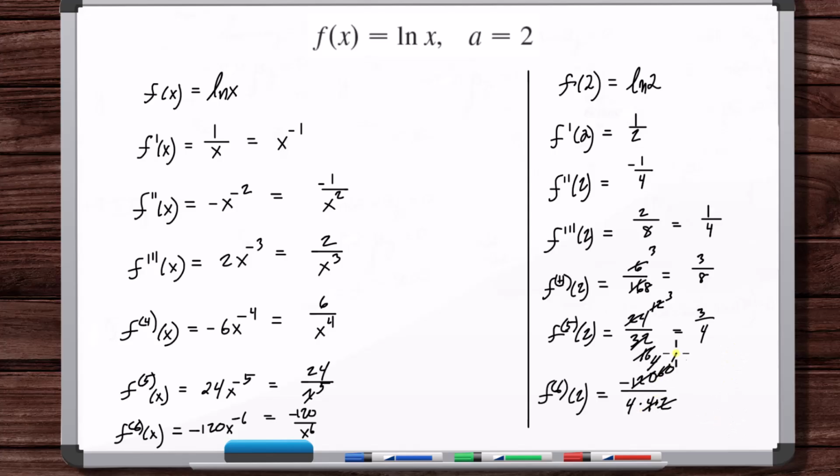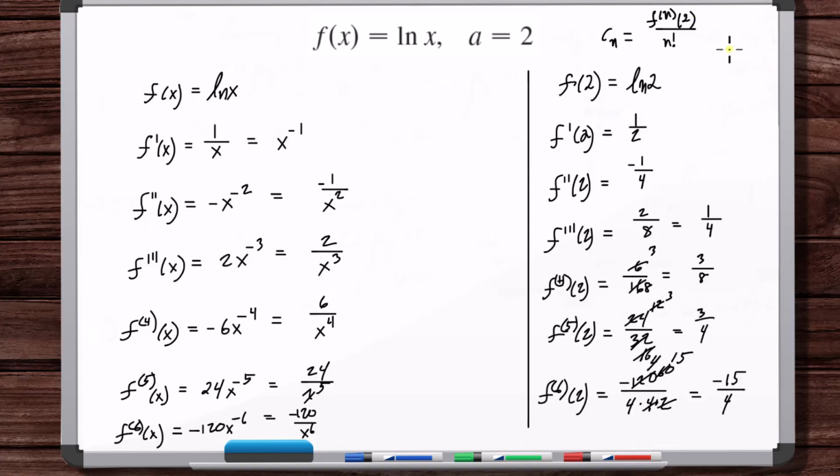So minus 15/4. Okay, so the next step is you take a glance at this and see if there's an obvious pattern. And if there is, then you go ahead and get the n formula for that and plug it in into the numerator here.